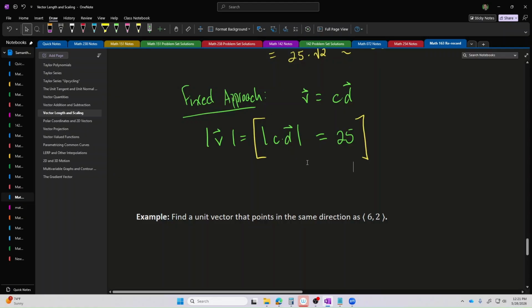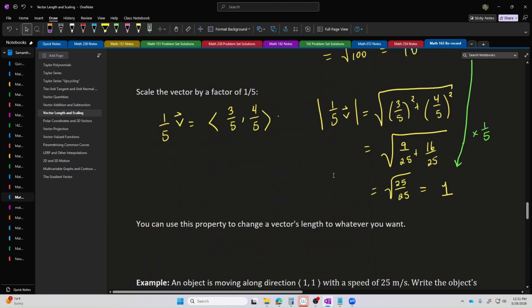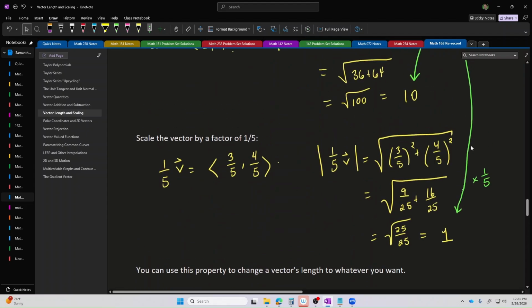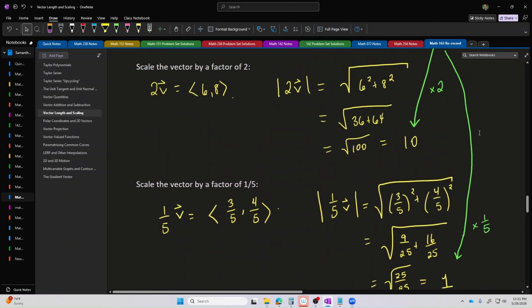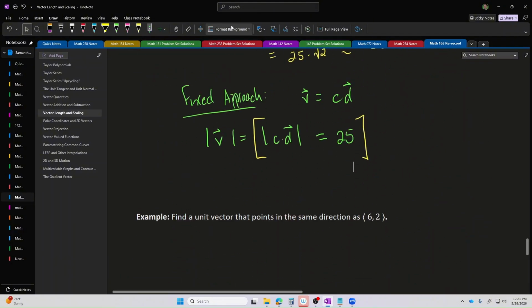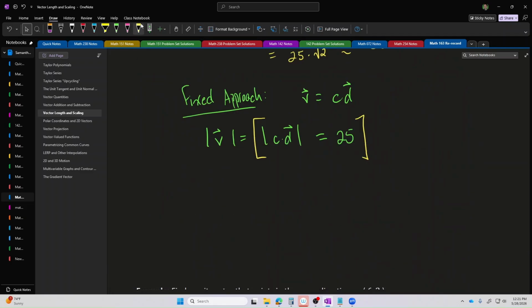Now let's recall from earlier that when you scale a vector by a constant, the effect is that the length of the vector is also scaled by that constant. So I'm going to use that fact here to say when I scale the direction vector d by this constant c, the result is that the length of that vector is also scaled by that same constant.